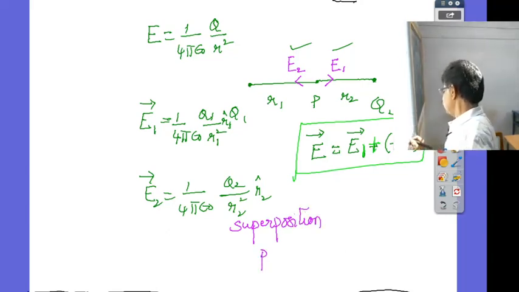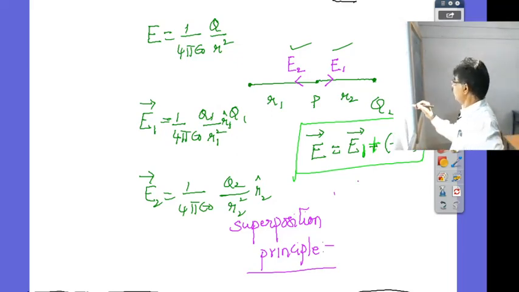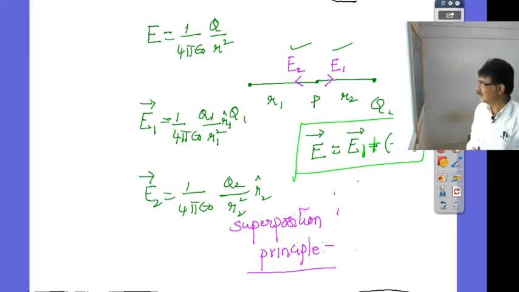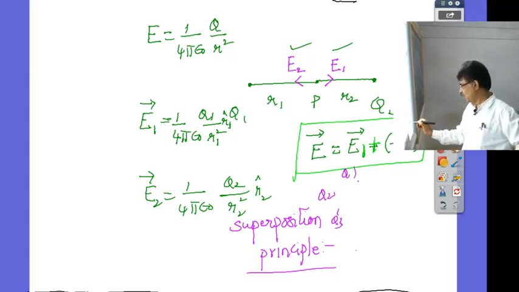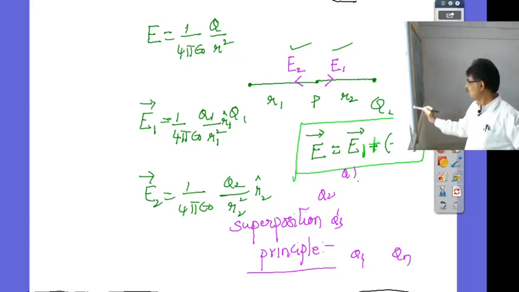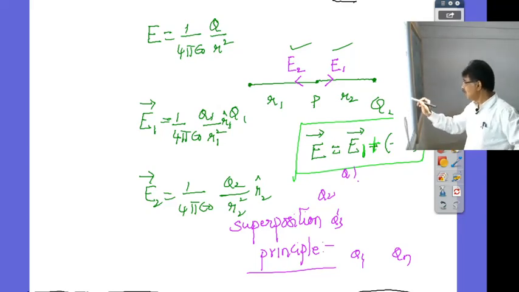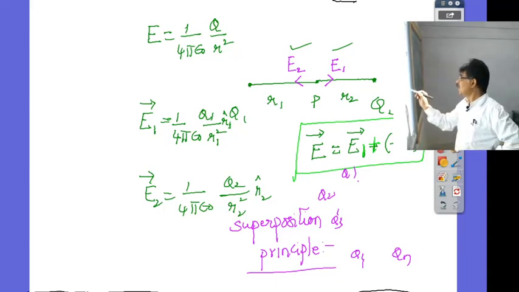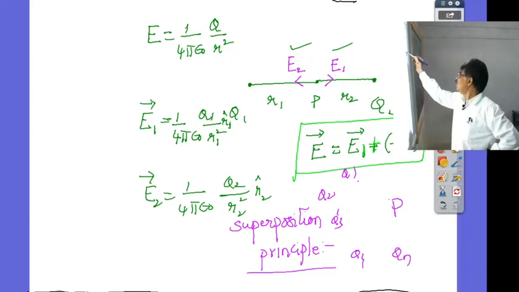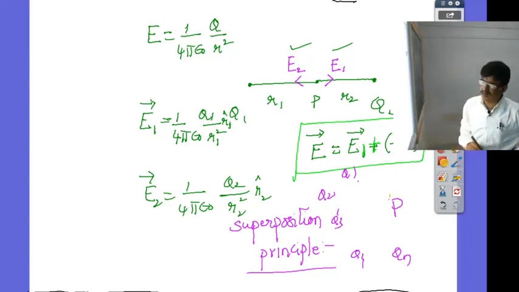Once you know this, I am going to introduce the principle which we studied in the case of charges, the superposition principle, right? Let us suppose you have some discrete distribution of charges. Say there are charges Q1, Q2, Q3, Q4 and Qn located in space, and the distribution is random. There is no continuity. Because of all these charges, at a point P, you are going to calculate the electric field.